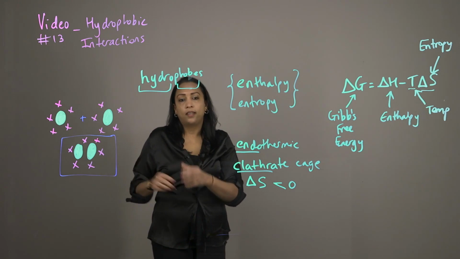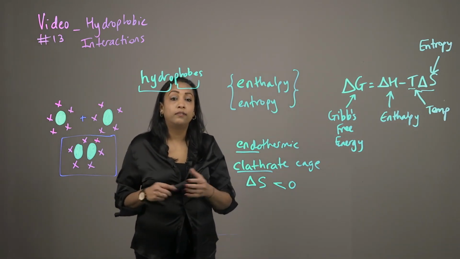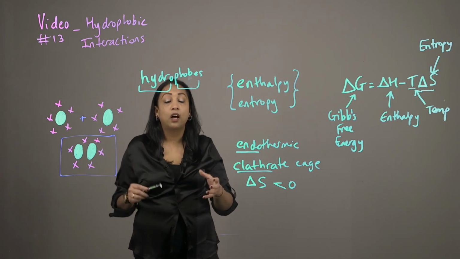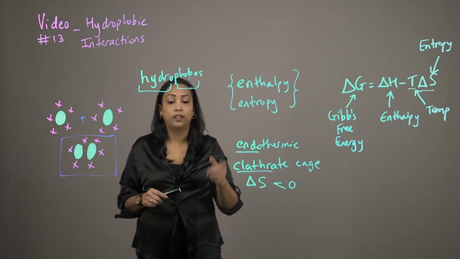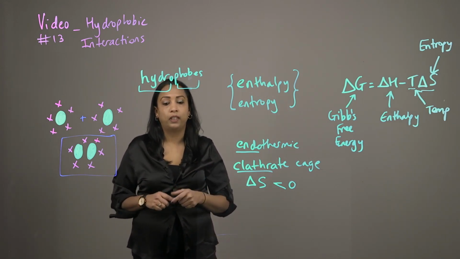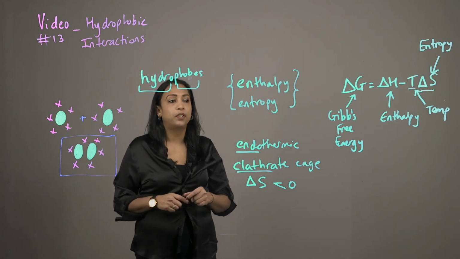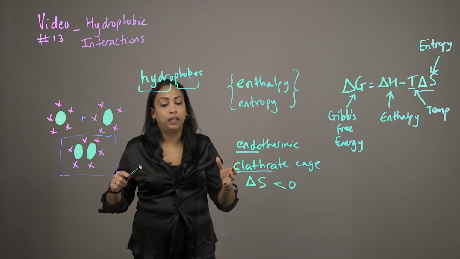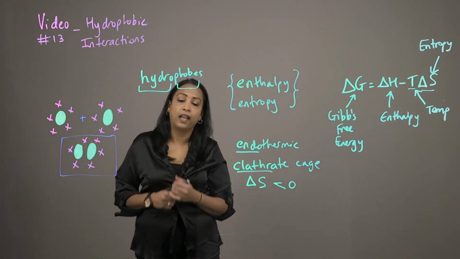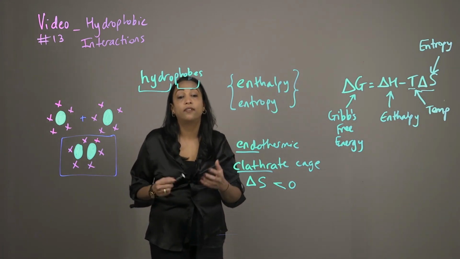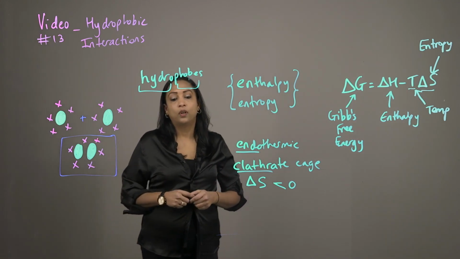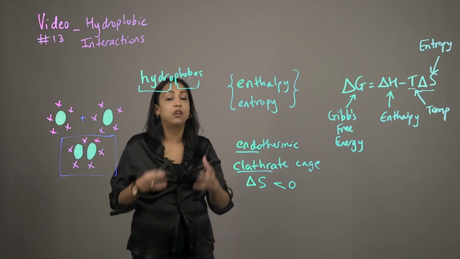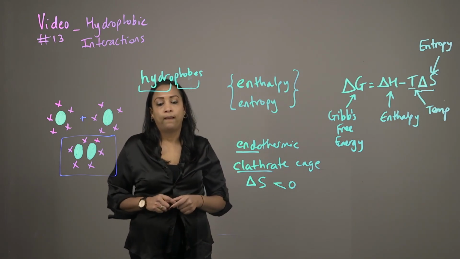So in this case, with a small unknown value of delta H, which is our enthalpy, and a large negative value of delta S, which is our entropy, the delta G will in turn be positive. And a positive Gibbs free energy indicates an unfavorable reaction. So the mixing of the hydrophobe and the water molecules is not spontaneous.